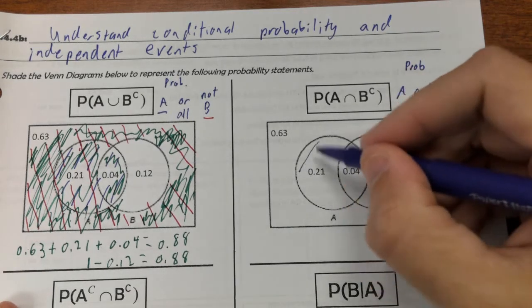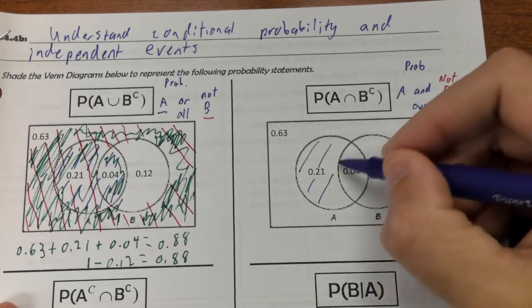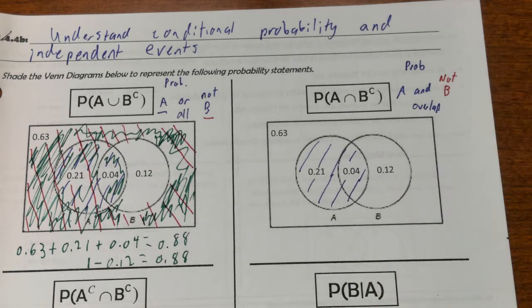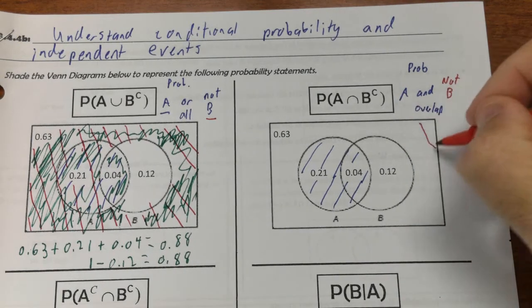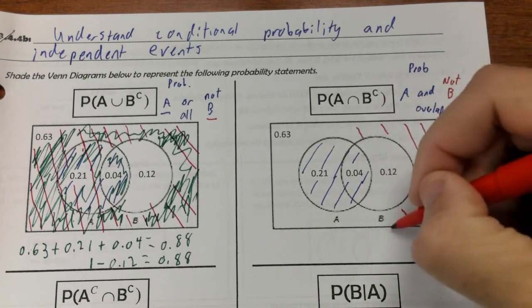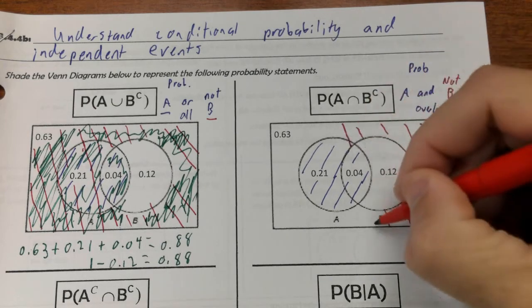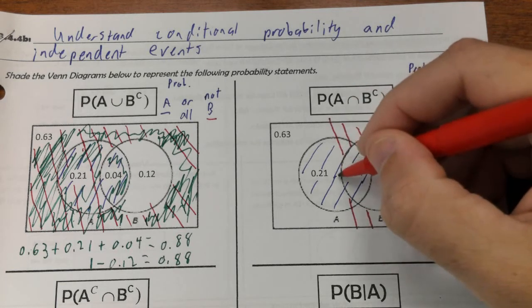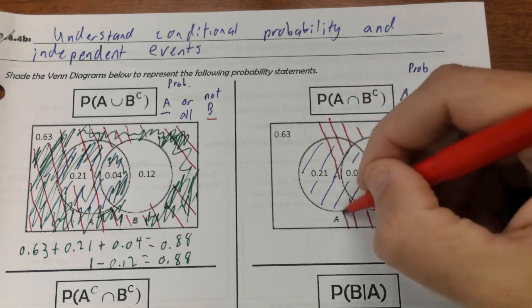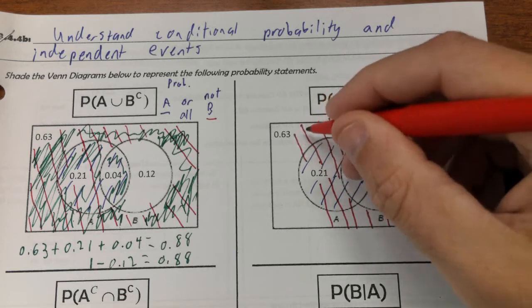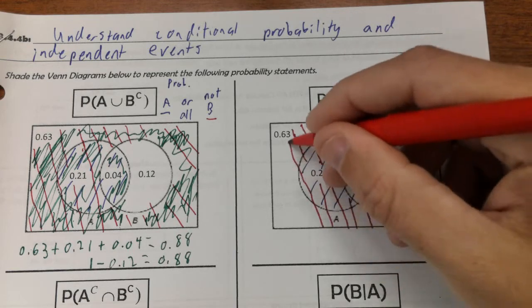So again, let's use purple in this direction to shade A. And we'll use the red in the other direction to shade not B. And when we're using and, we're talking about where do those things overlap each other.